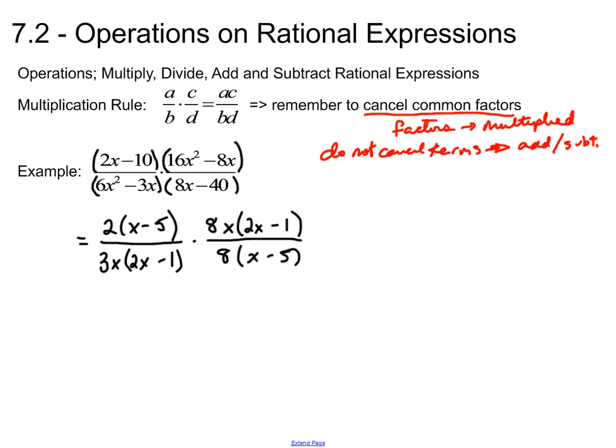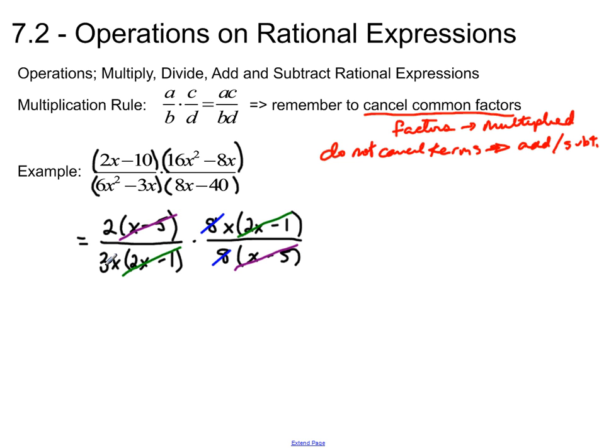So what can we do? We can cancel the common factors. Right away, I can see that I have x minus 5 and x minus 5 as a common factor, so I'm going to cancel them. I also see that I have 2x minus 1 and 2x minus 1 as a common factor, so I can cancel them. Anything else? Yep, look at those 8s. Those got to go.